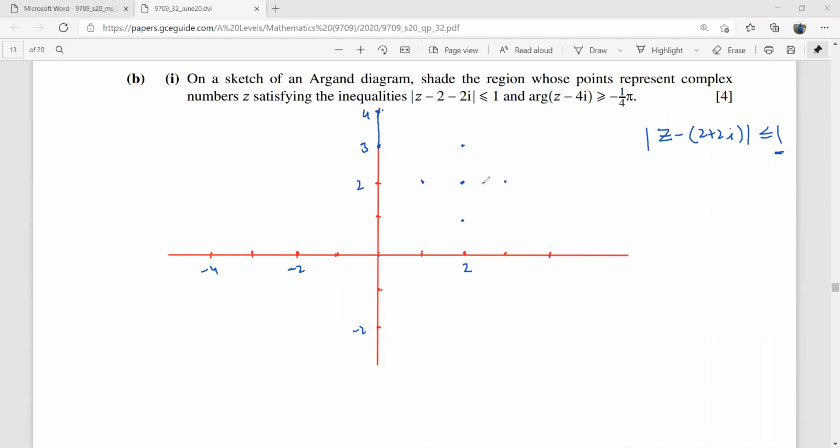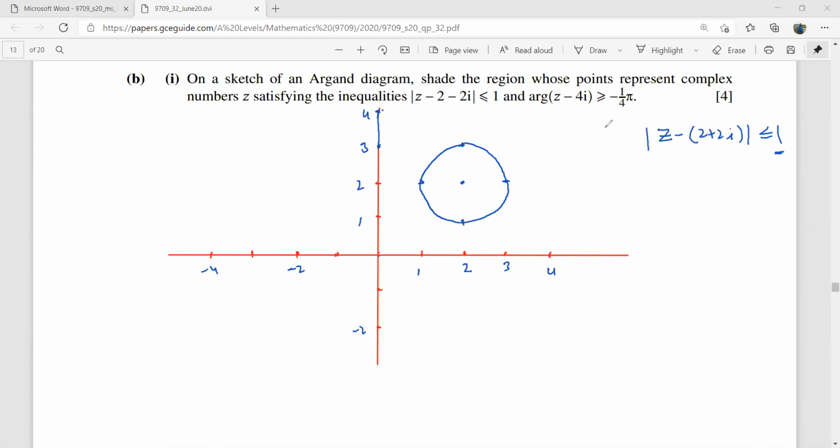There is no need to use a compass to draw this circle. You can just draw a freehand circle like this. There's no need for this to be a perfect circle. The examiner has to see this passing through the point (2, 3), the point (3, 2), the point (1, 2), and the point (2, 1). Okay, so this is the circle here.